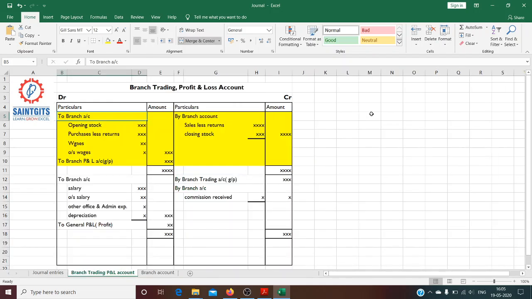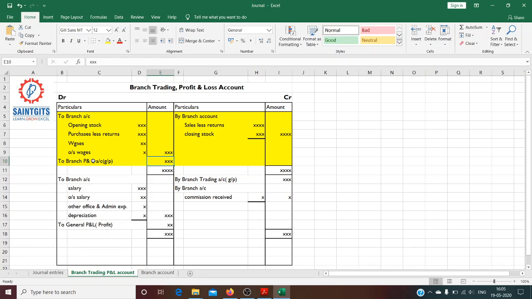Now, we know that the net result of the branch trading account will be the gross profit or gross loss. If it is gross profit, we have to total the credit side and transfer to the debit side, and find the balance. Hence, the entry will be branch trading account debtor to branch P&L.